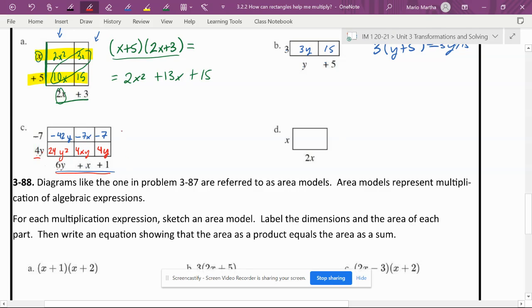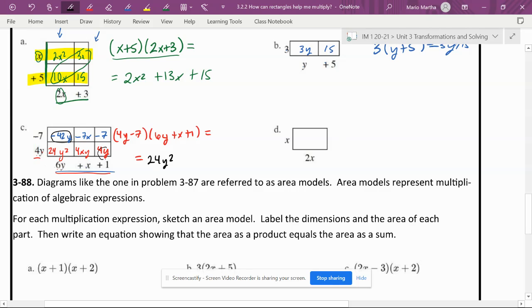So we're going to write it again as a product. So 4y minus 7 times 6y plus x plus 1. And then we're going to write the interior parts. So let's start off with the square. That'll be 24y squared. And then we have negative 42y here.